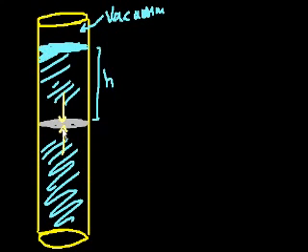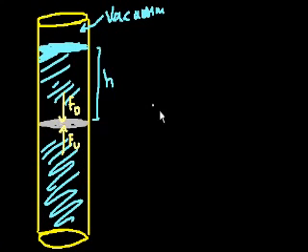In fact, that tells us that it's not accelerating. If something's not moving, it has a velocity of 0, and that's a constant velocity, so it's not accelerating in any direction. So its net force must be 0, right? So this force down must be equal to the force up.